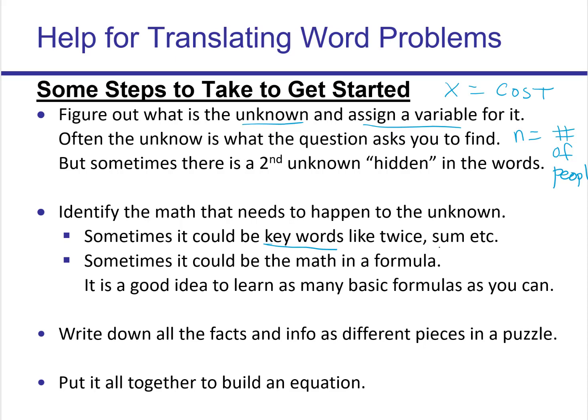One of the big keywords for equations is the word is, or a math sentence. But another more subtle form of finding the math is reading a word problem that involves some kind of formula. There may be some formula like what is the cost, or what is the area, or what is the perimeter, or what is the distance.